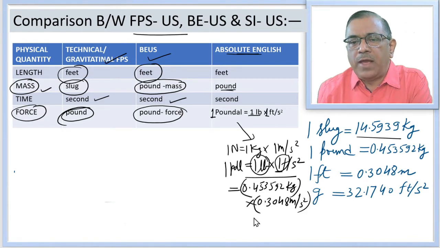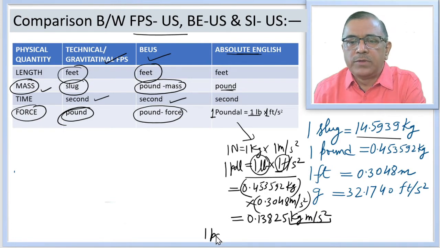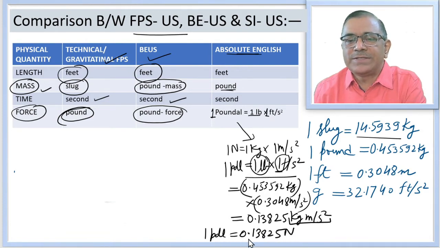Now when we multiply these, we end up with 0.13825 kg meter per second square. And kg meter per second square is equal to Newtons. So 1 poundal is equal to 0.13825 Newton. This is the relation between poundal and the Newton.